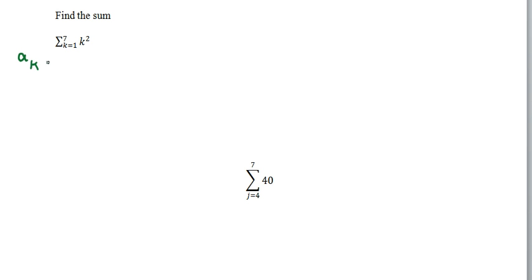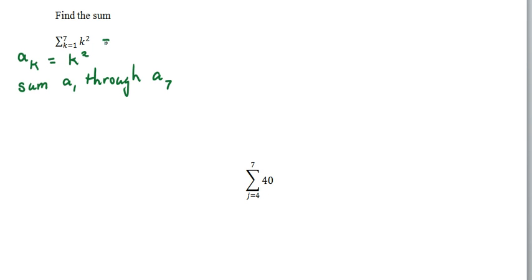So in this case, our a sub k, the general term, would be k squared. And we're asked to sum terms a1 through a7.